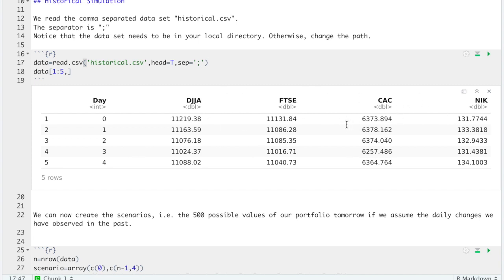The value of our portfolio today is $10 million, and the quantities that you see here on the screen are already all expressed in dollars. This is very important because you can imagine that the CAC 40, for example, is expressed typically in euros. So you cannot compare apples and pears, so you have to choose one currency. It's up to you.